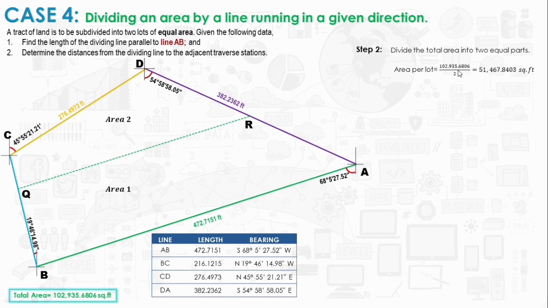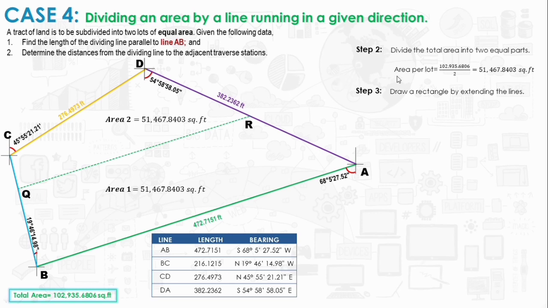So, 102,935.6806 divided by 2. So, ang area per lot must be equal to 51,467.8403 square foot.